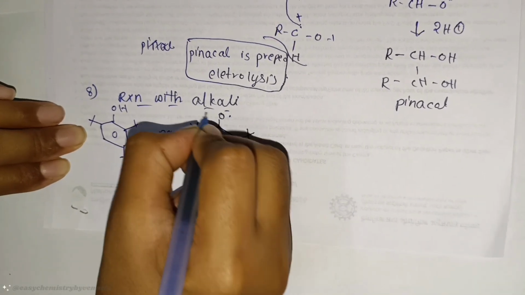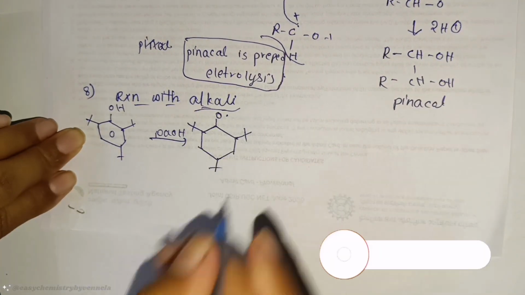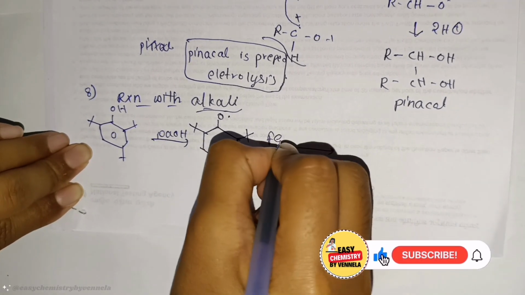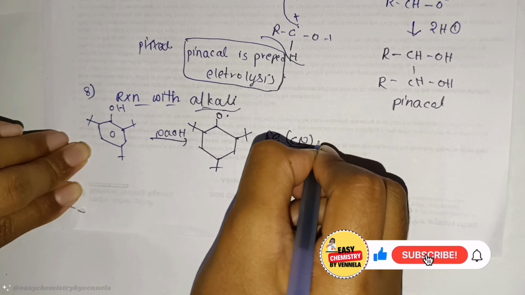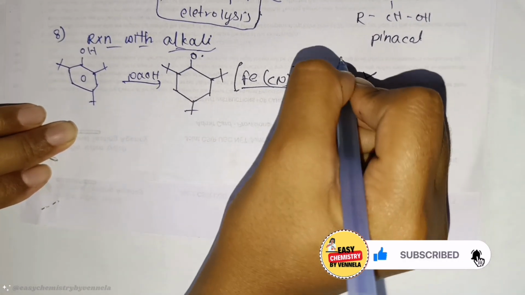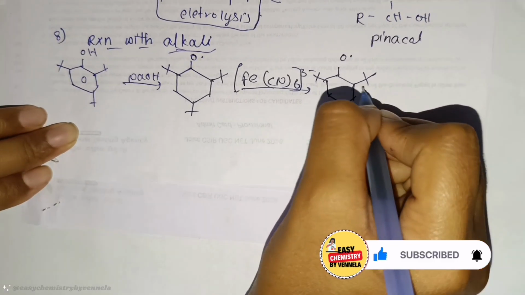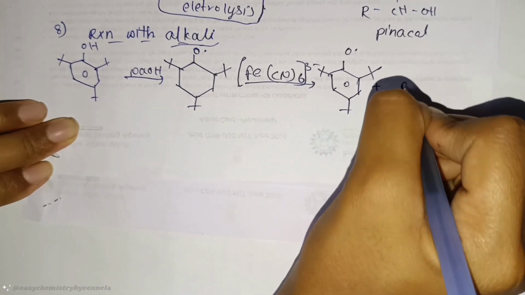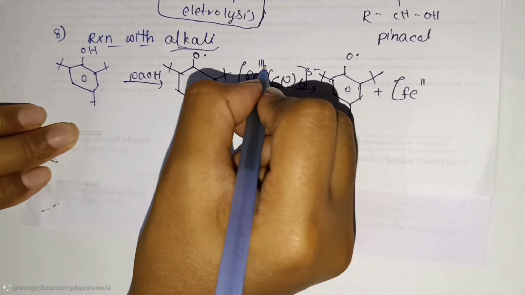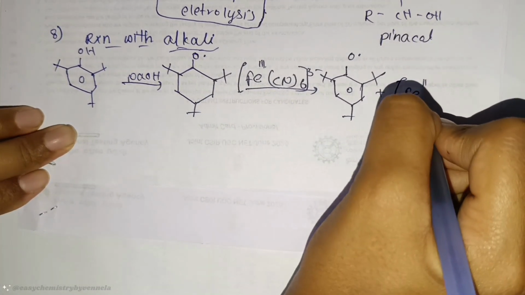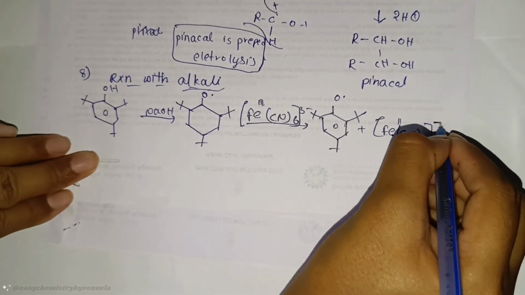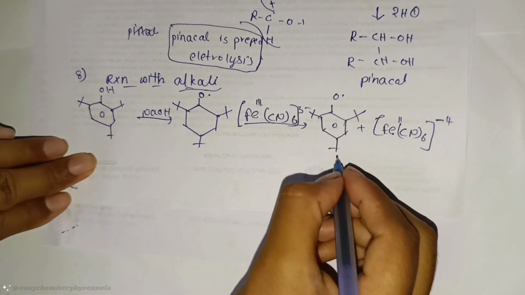Here one oxygen radical reacts with Fe(CN)6 3 minus, giving a radical plus Fe2+. Here Fe3+ becomes Fe2+. Here Fe(CN)6 3 minus is converted into 4 minus. This is the final product.